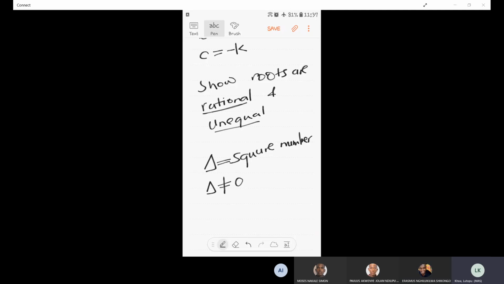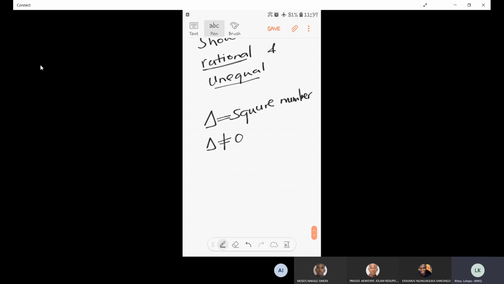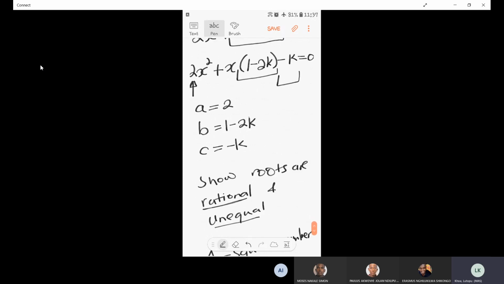And this must be true when our value of k is an integer. So what we need to show is that our discriminant is a square number and it is not equal to 0 for any integer k. So we have our a, b, and c.